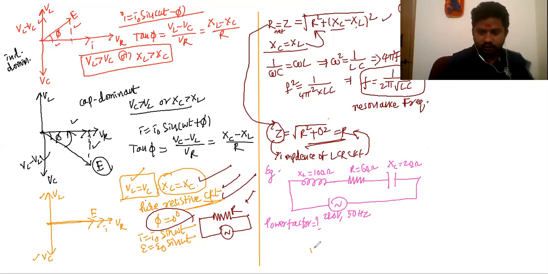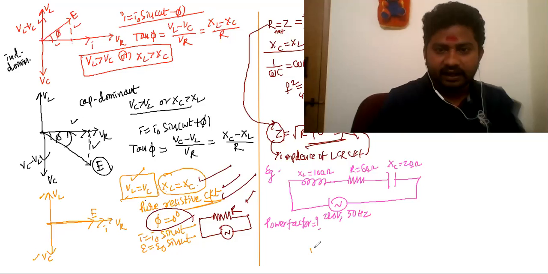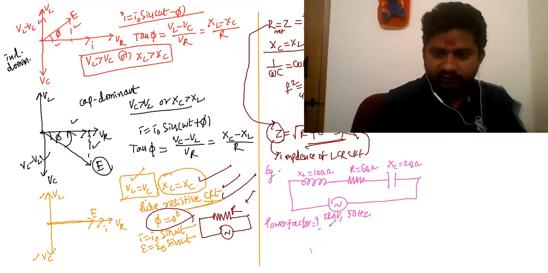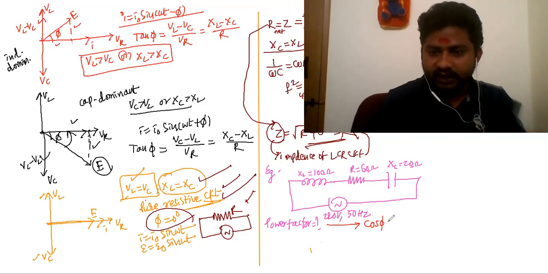We had already discussed the power factor topic just now. Power factor is simply cos phi. To find this power factor, you should know the impedance triangle.